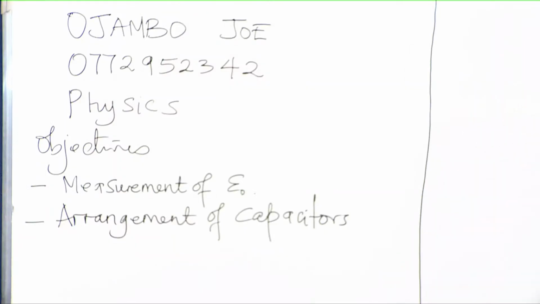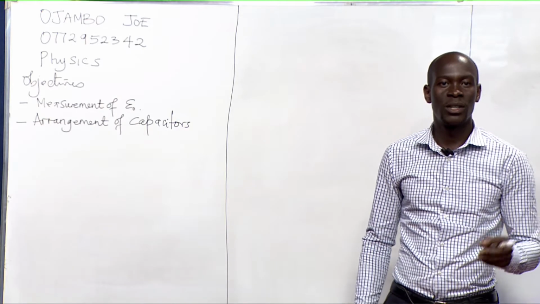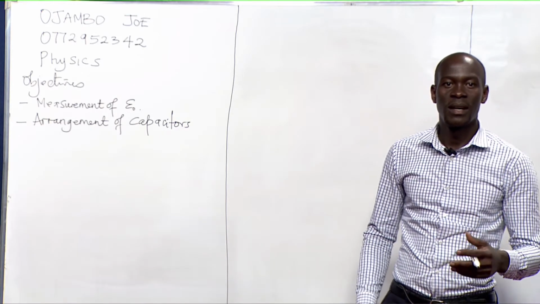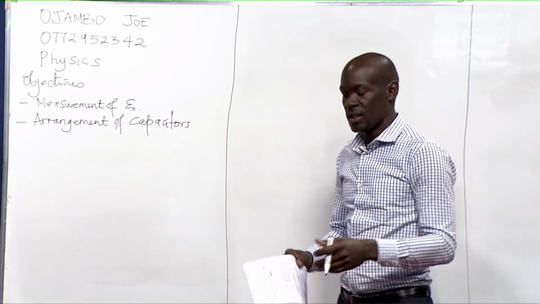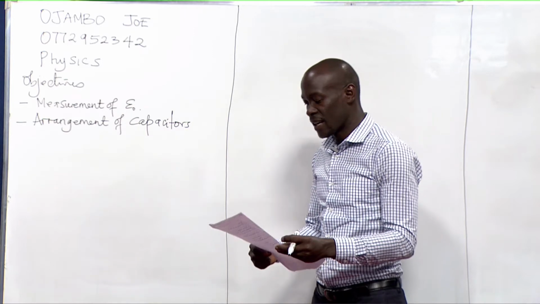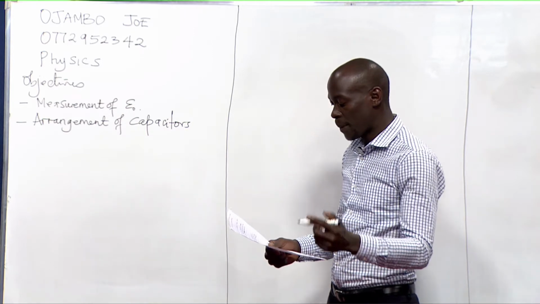Under arrangement of capacitors, we shall look at two things: the series connection and the parallel connection, and see how to get the total capacitance when the capacitors are either in series or parallel.